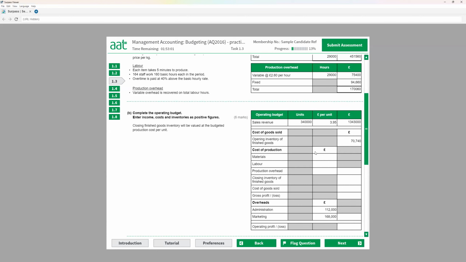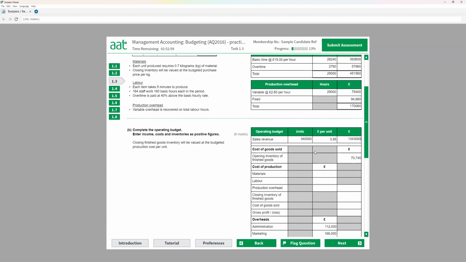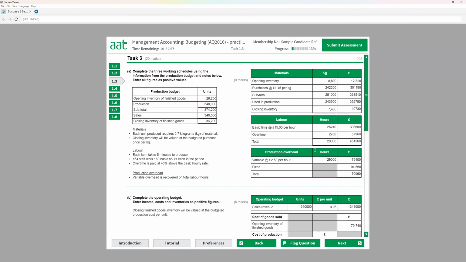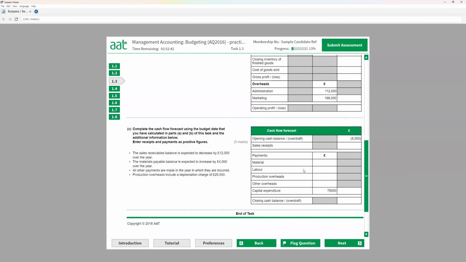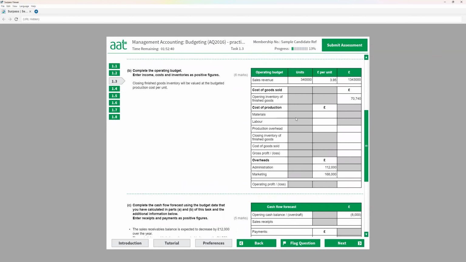Then we have a material. Now we have to take the copy of all this. The material we have in production, how much was the value in material for the production? So 352,780. This one is the value for the material. I can just copy it. Used in production because we're looking at the production now. Cost of production.